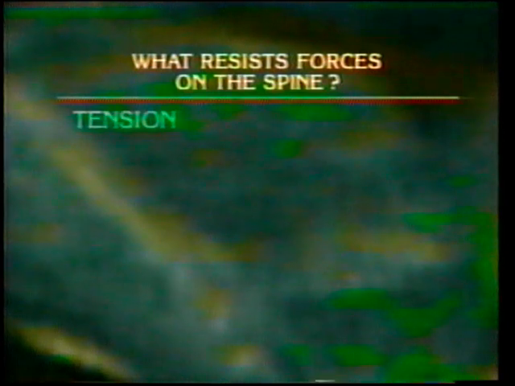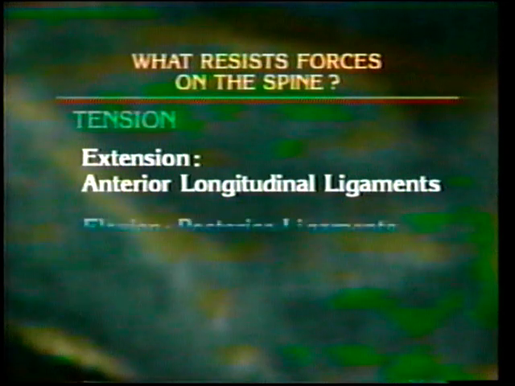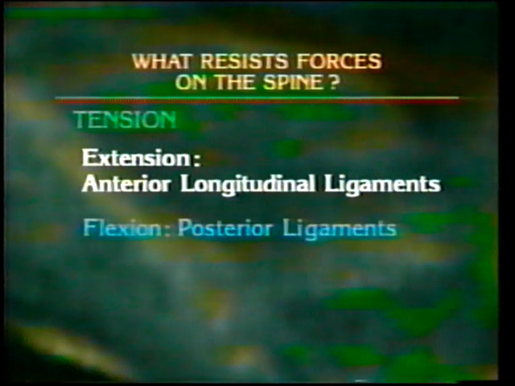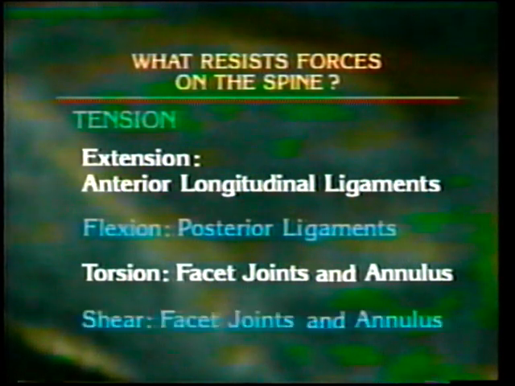In tension, in extension, it's the anterior longitudinal ligaments. In flexion, it's the posterior ligaments, including the ligamentum flavum and the various posterior interspinous ligaments. In torsion, it's the facet joints and the annulus that resist these forces. And if shear is applied, again, it's the facet joints and the annulus.